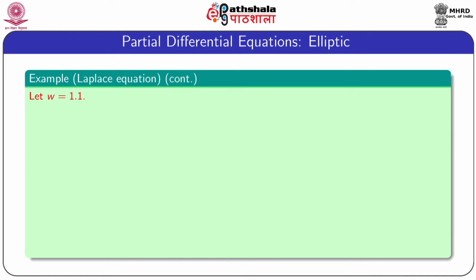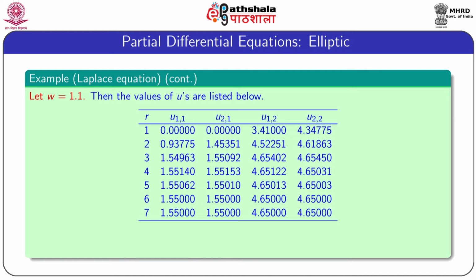Now we consider the value of the relaxation factor W equal to 1.1. Then the values of U11, U21, U12 and U22 are mentioned in the table.